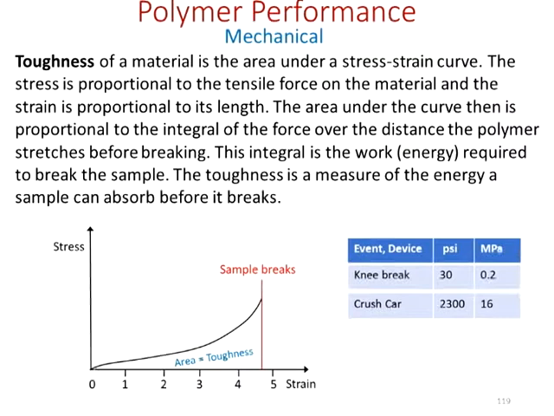Your knee again can only take about 0.2 megapascals before it caves in. Okay? Now, a crushed car can take as many as 6 megapascals before it's crushed. These are not exact, certainly not the car. The crushed car is not really apples to apples.